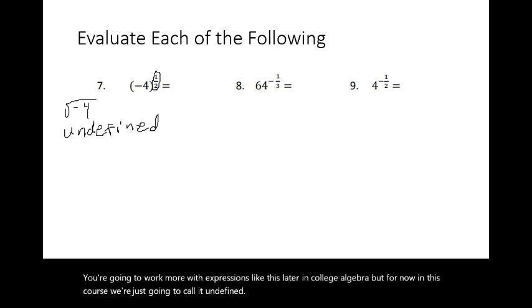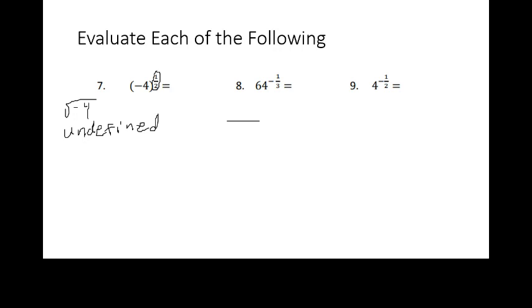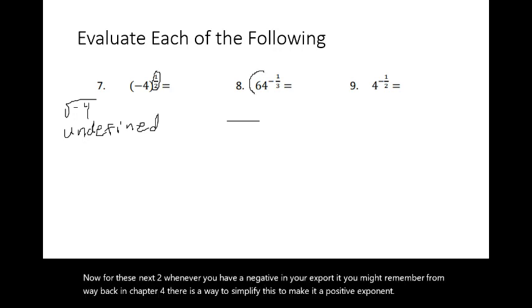Now for these next two, whenever you have a negative in your exponent, you might remember from way back in chapter 4, there is a way to simplify this to make it a positive exponent. So since there is no denominator, I am going to create one. I am going to take the base and that negative exponent, and I am going to put all of them into that denominator to become 64 to the power of positive 1/3.